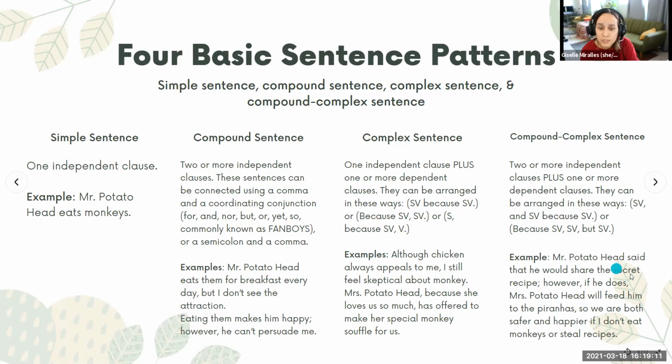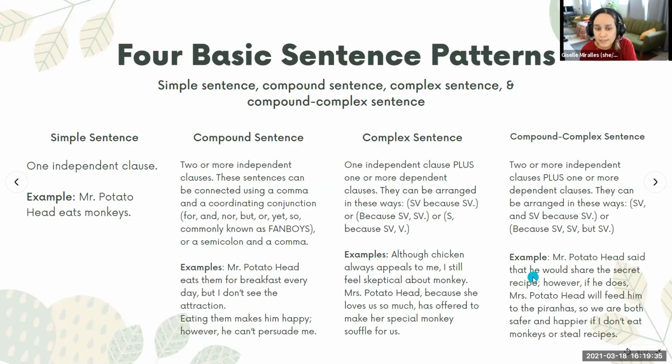So if you look at this example: "Mr. Potato Head said that he would share the secret recipe; however, if he does, Mrs. Potato Head will feed him to the piranhas, so we are both safer and happier if I don't eat monkeys or steal recipes." In this case, this is a little bit more complicated.